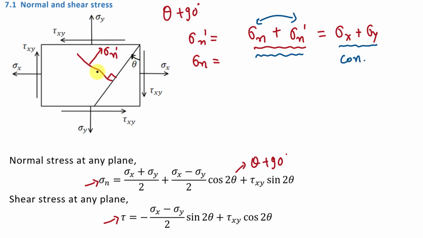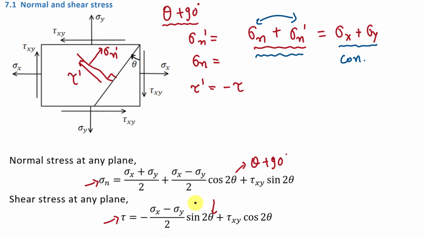And let's say here in this plane the shear stress is in this direction, which is tau dash. So here we can say that this tau dash is the shear stress on this plane, which is at angle theta plus 90 degrees. Fine? So to find tau dash, we have to put theta equal to theta plus 90 degrees. And if you find tau dash from here, then you will get this tau dash as minus tau.